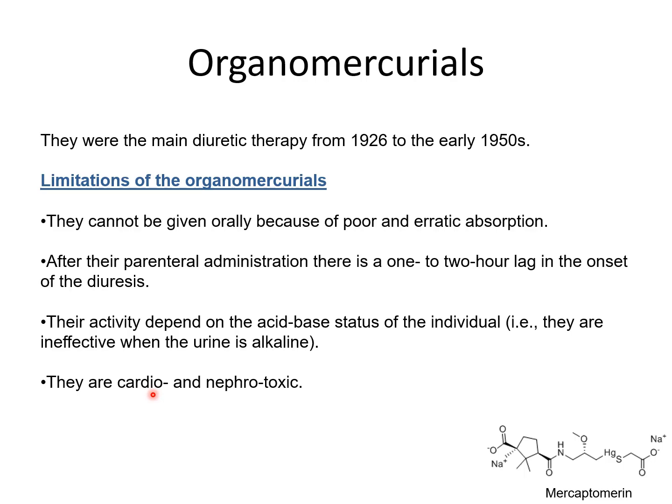Okay, so these compounds were not very useful, as we said, and they had many side effects. They can be given only by IV, not orally, and they have issues related to cardiotoxicity and nephrotoxicity.